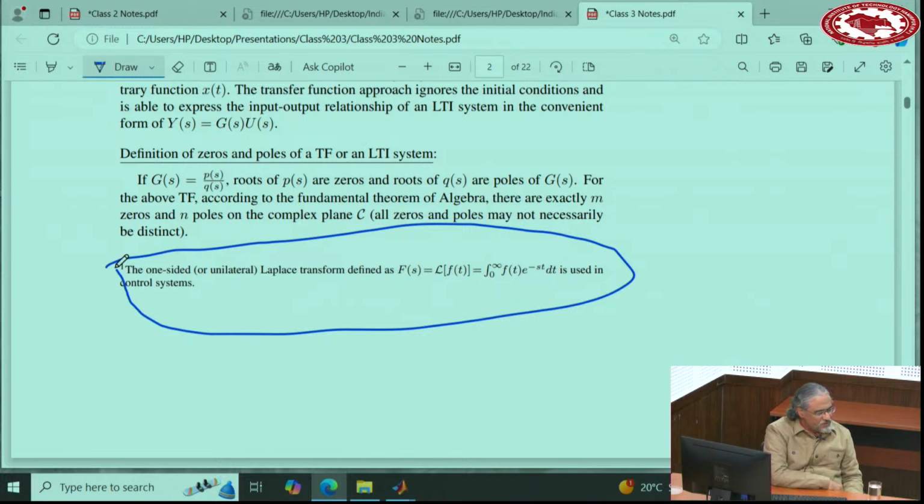For any function f of t, you can convert it to F of s, capital F, by taking this integral from 0 to infinity, f of t times e to the negative st. This is probably the most important transformation that you can see in engineering. It really has many applications in every area.